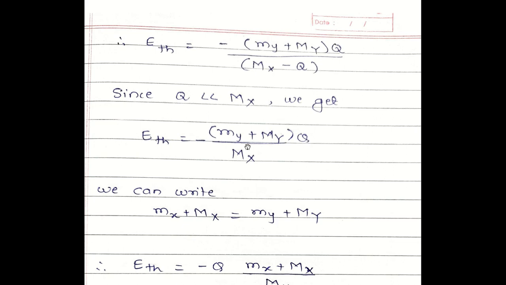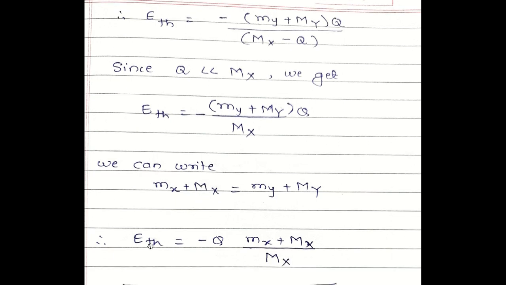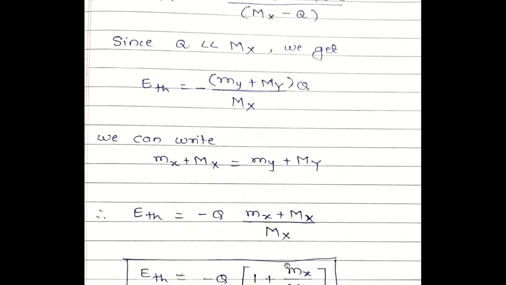But we can apply the law of conservation of mass, that is, the mass of reactants should equal the mass of products. So this mass of product I can replace by the mass of reactant. So this E threshold could be equal to minus Q as it is, and instead of the mass of product, we write the mass of reactant divided by the mass of target nucleus.